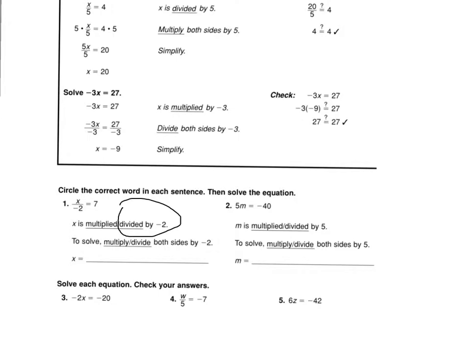To solve, since it's division, the inverse operation would be to multiply both sides by negative 2, and when we solve it, we will get a negative 14.